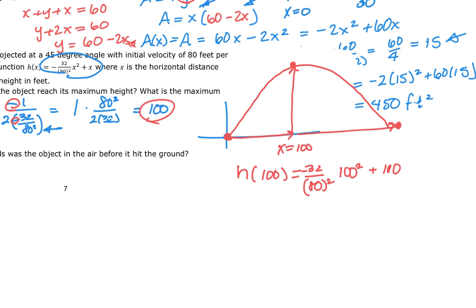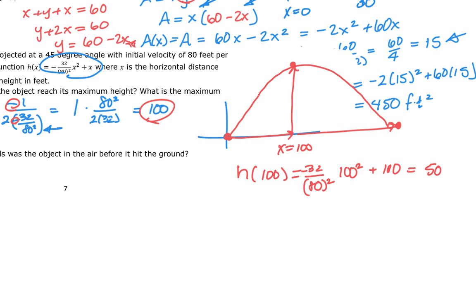Again, I'm going to get my calculator out, and I have negative 32 multiplied by 100 squared divided by 80 squared, and then I'm going to add 100 to it. And so my maximum height is only 50.